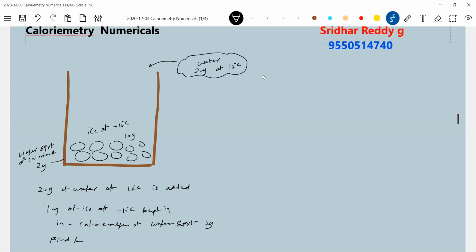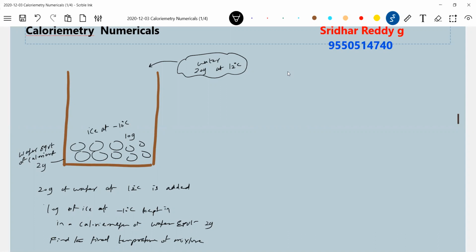Find the final temperature of the mixture.